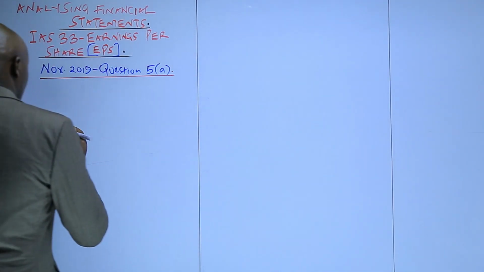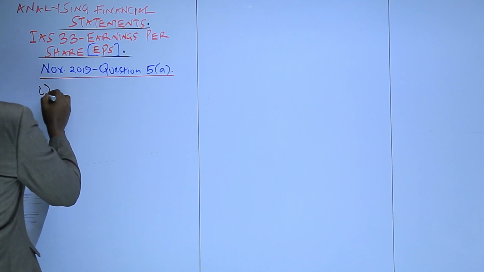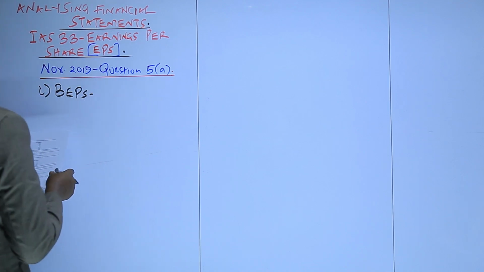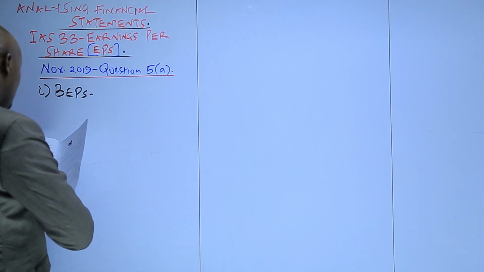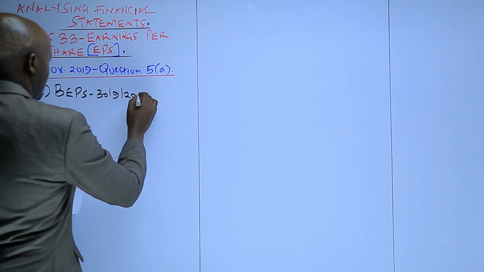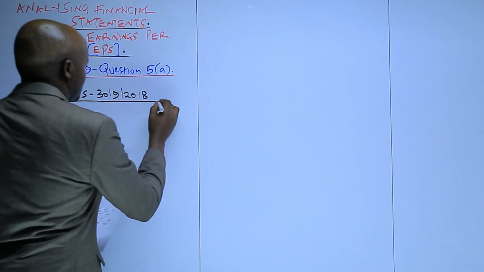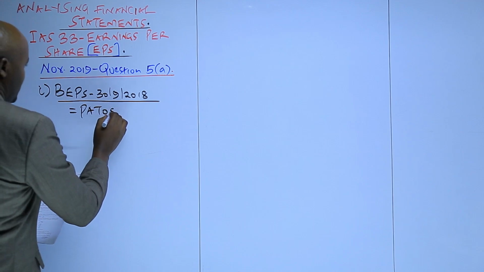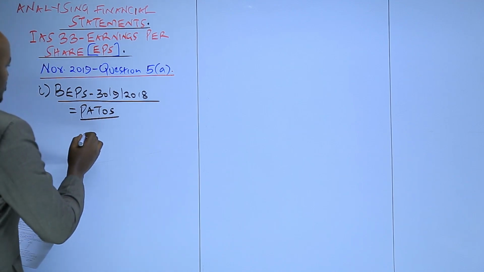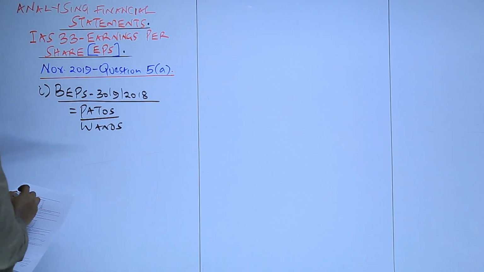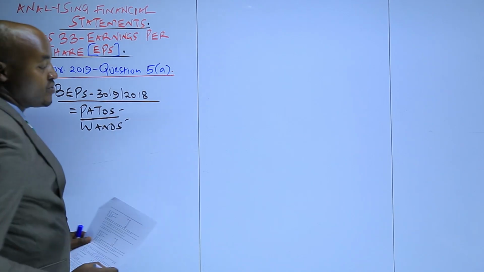That is the formula for computing the BEPS for the first year which ended 30th of September 2018. So the formula here is that we take the PATOS, which in full is the profit attributable to ordinary shareholders, and divide that by the weighted average number of ordinary shares. So we need to compute these two items.